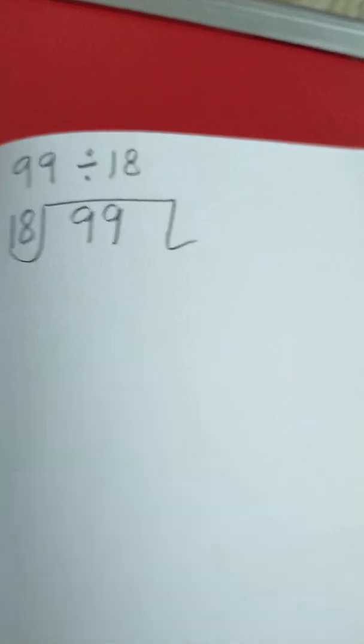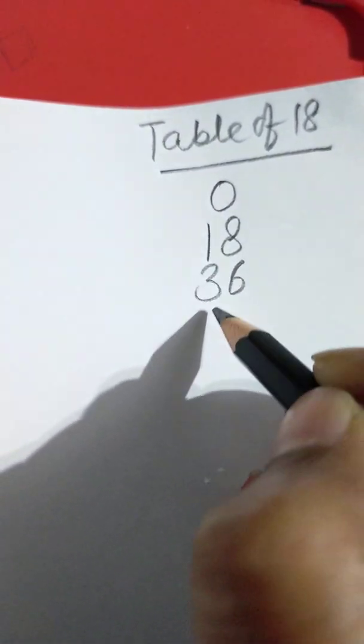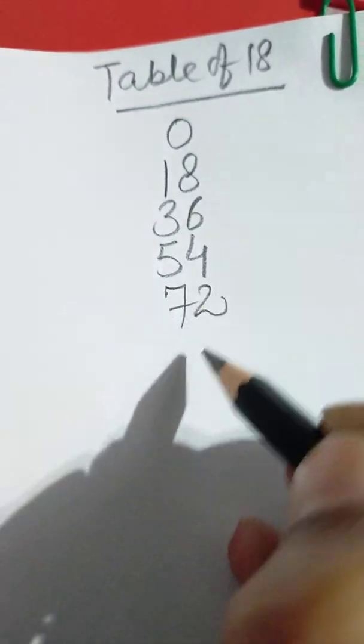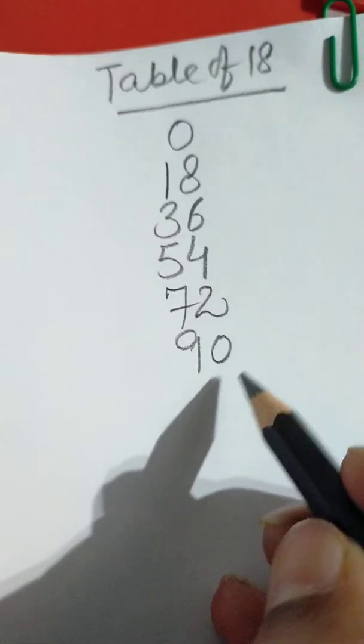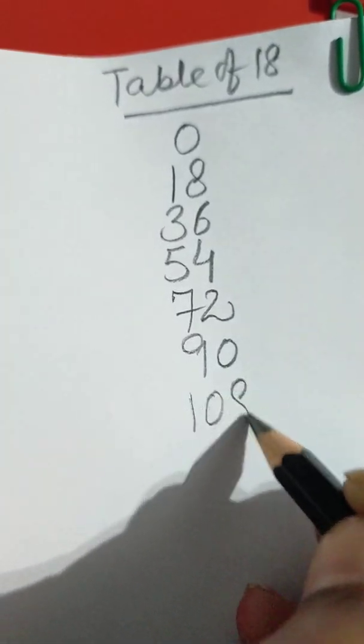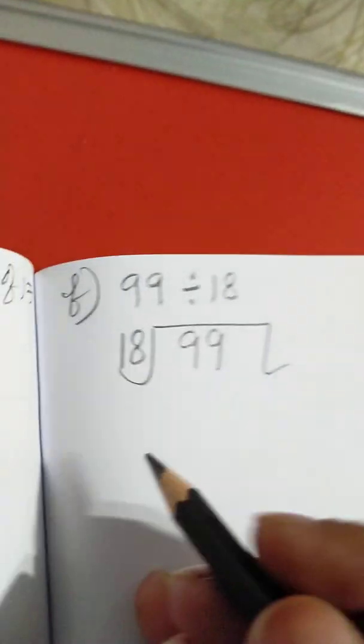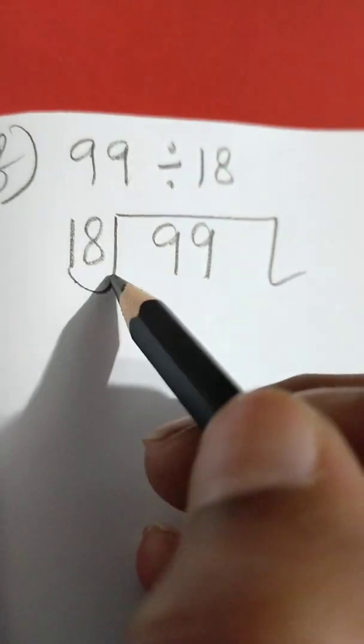Firstly we will write the table of 18. 18 zeros the 0, 18 ones the 18, 18 twos the 36, 18 threes the 54, 18 fours the 72, 18 fives the 90, 18 sixes the 108. Up to 2 digits only we will write the table. Now 99 is to be divided by 18.